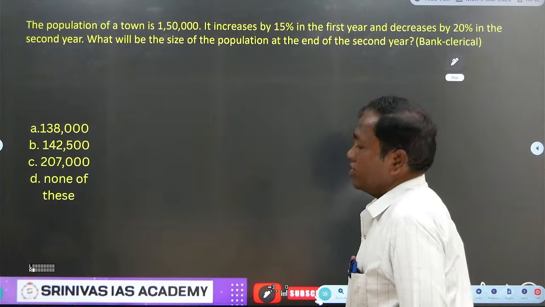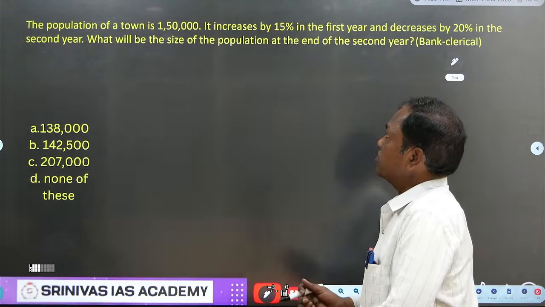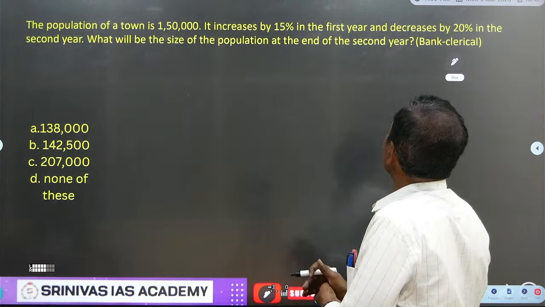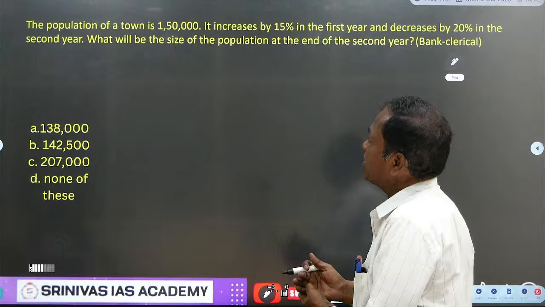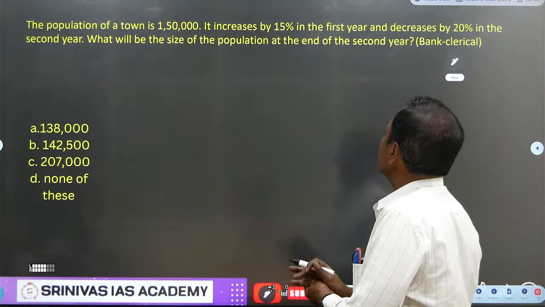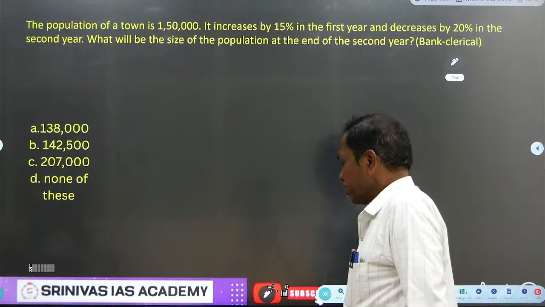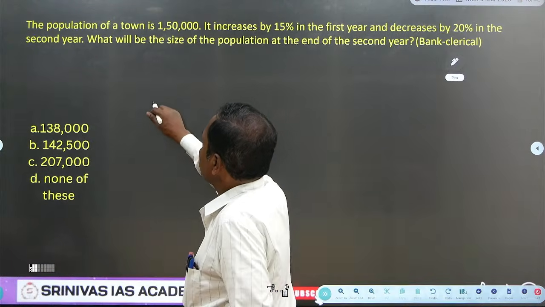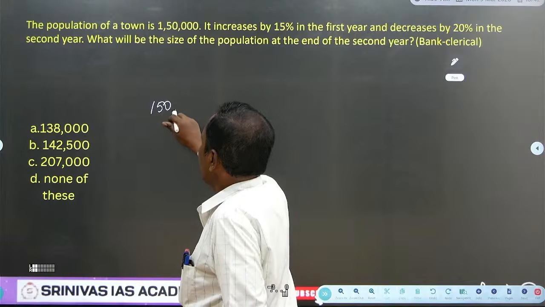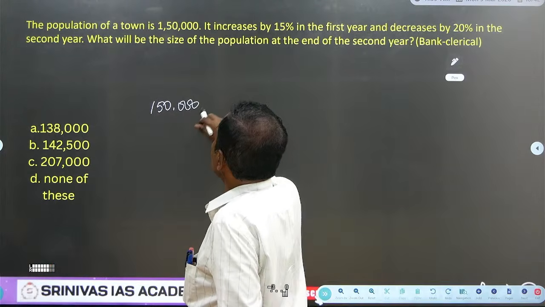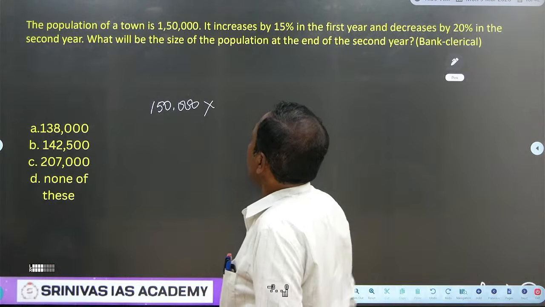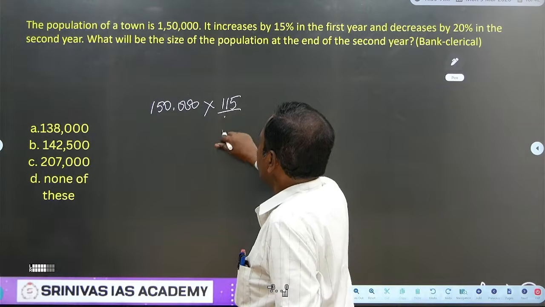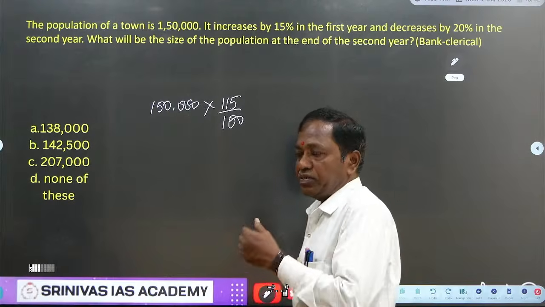Now, the population of a town is 1,50,000. It increases by 15% in the first year and decreases by 20% in the second year. What will be the size of the population at the end of the second year? The population of a town is 150,000. Okay. Then it increases by 15%, so 115%, appreciation.